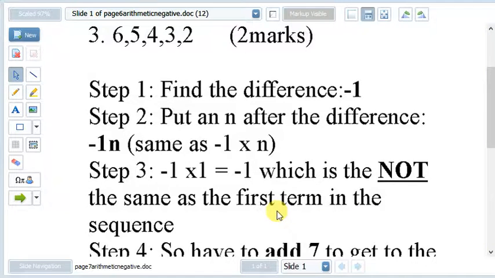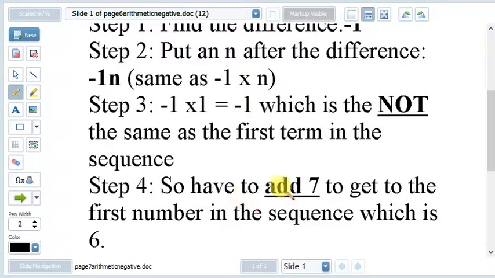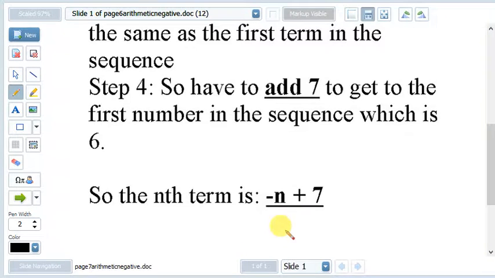The first term in the sequence is 6. So therefore we have to add 7 to this to get up to the first number in the sequence, which is 6. So therefore the nth term formula is minus n plus 7.